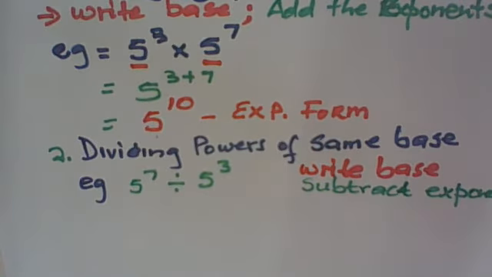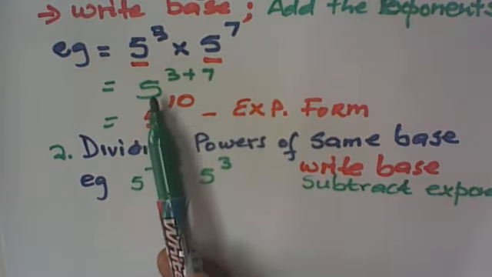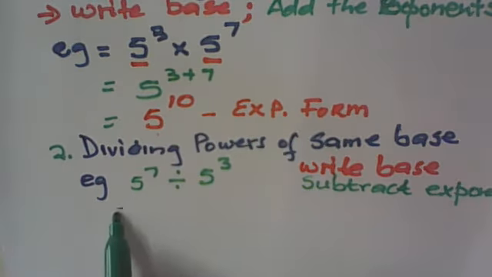Always subtract the exponent of the divisor from that of the dividend. So we write the base first, like here where we wrote the base first. Now we also do this.